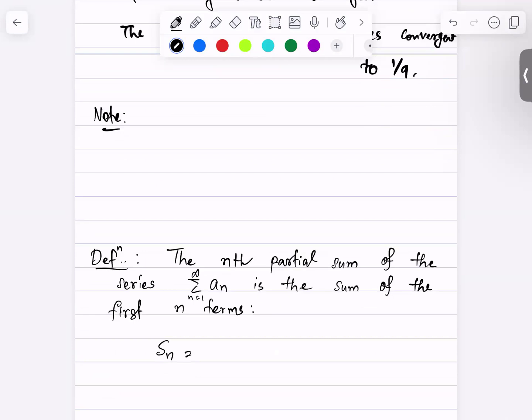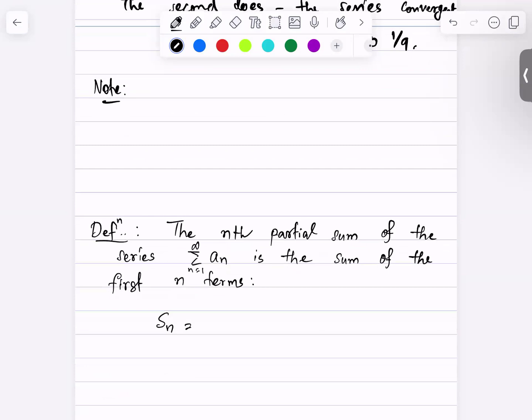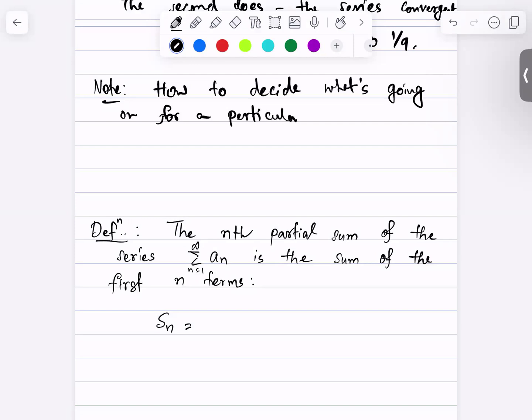One note here is how to decide what's going on for a particular series.